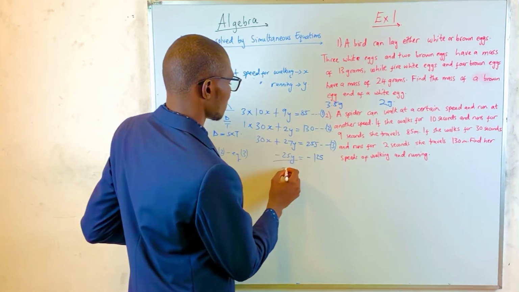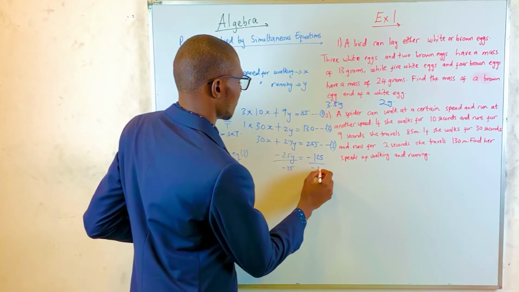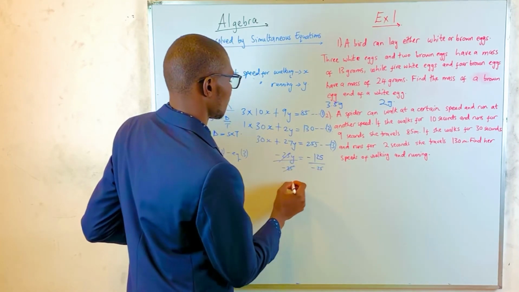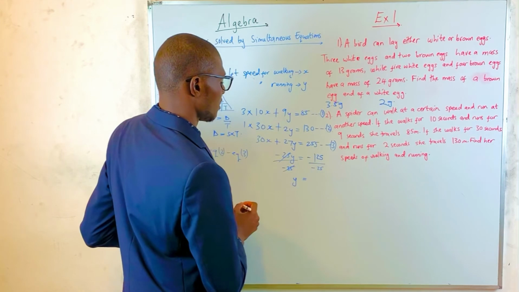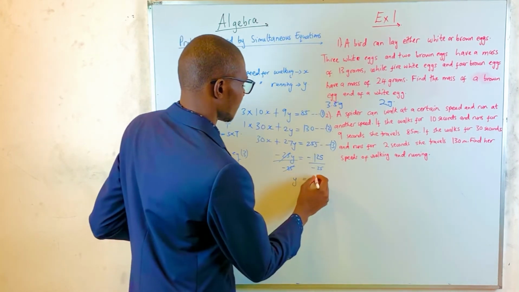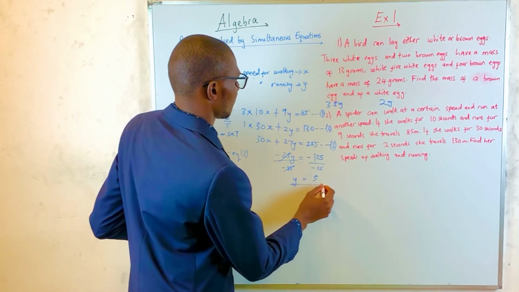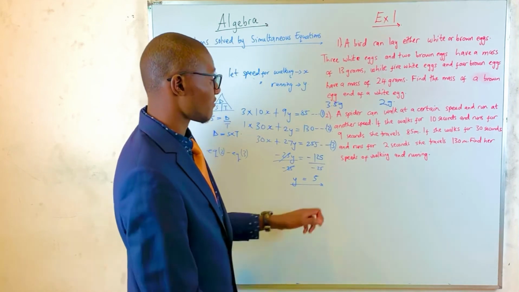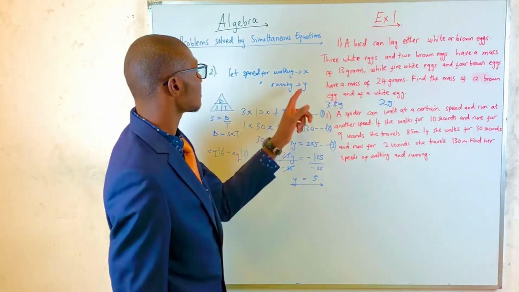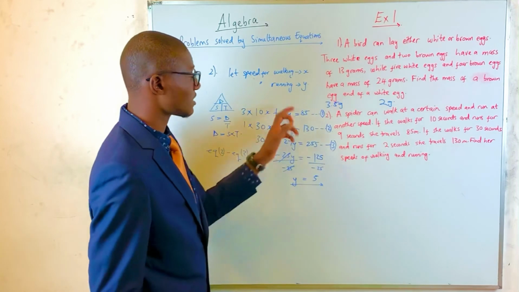If we divide both sides by minus 25, y should be equal to 5. So 5 meters per second is the running speed.